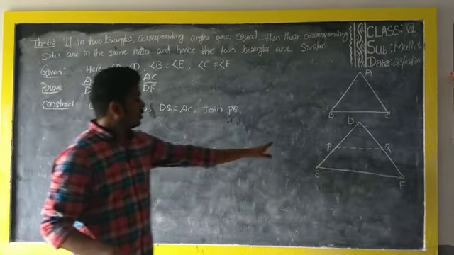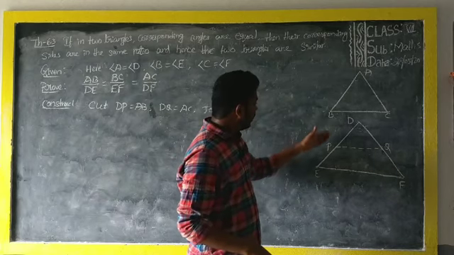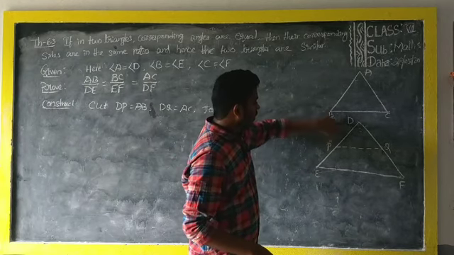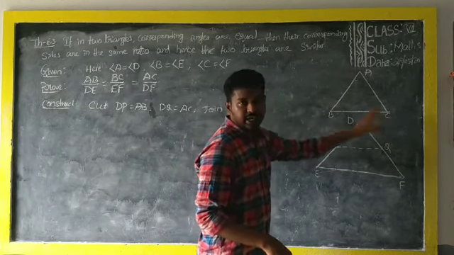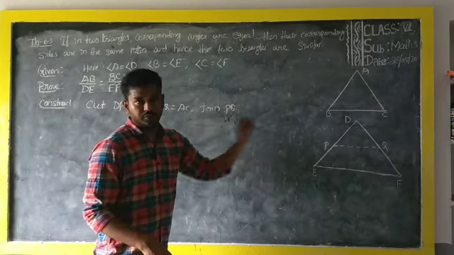Here draw the line PQ. DP equals AB I have taken and DQ equals AC I have taken. In this way I join the line PQ.